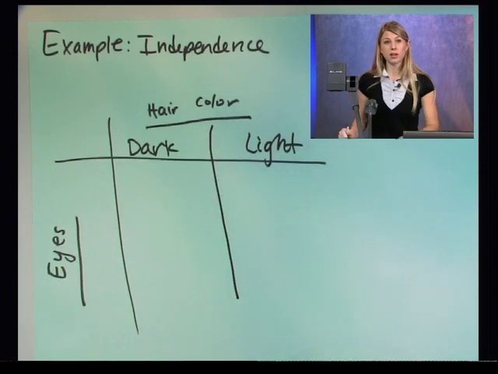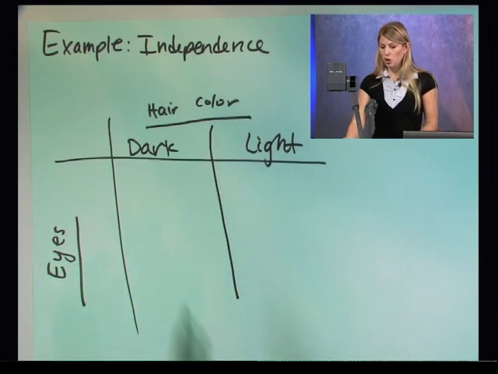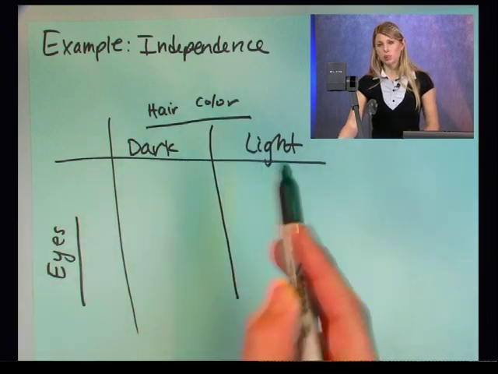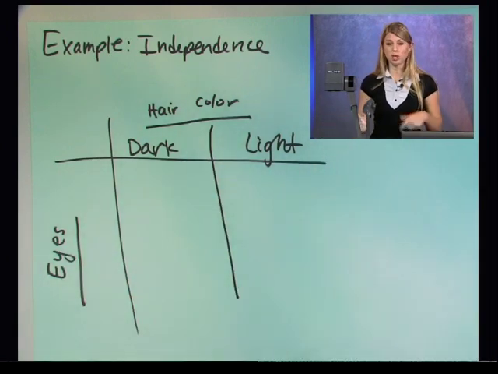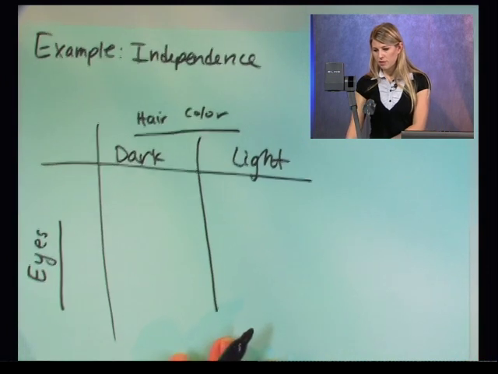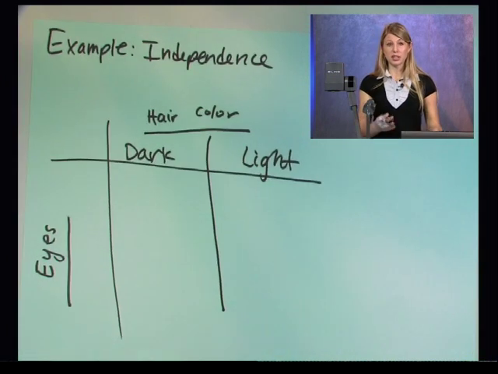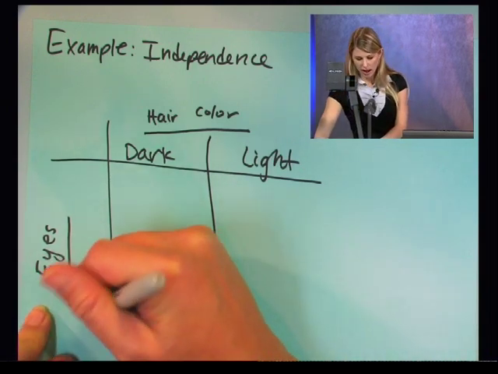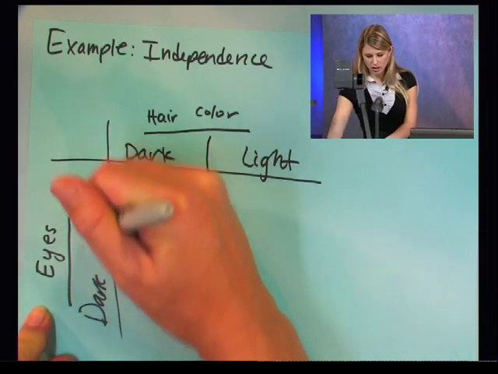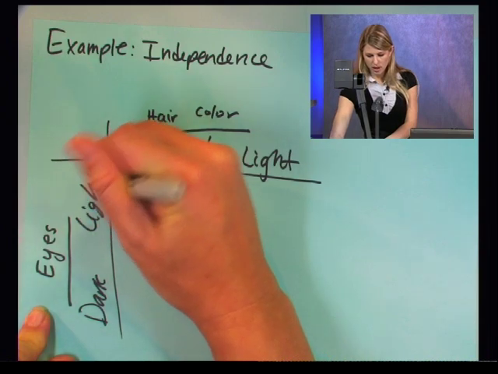Now, with the chi-square independence test, you could have blonde, brunette, redhead. That's fine. You could add all those categories in and it works just as well. But for sake of simplicity and explaining how this test works, I'm just going to have dark and light hair color. And I'm going to do the same with eyes. I'm going to have dark and then light eye color.